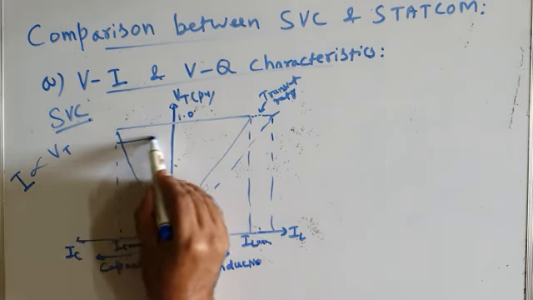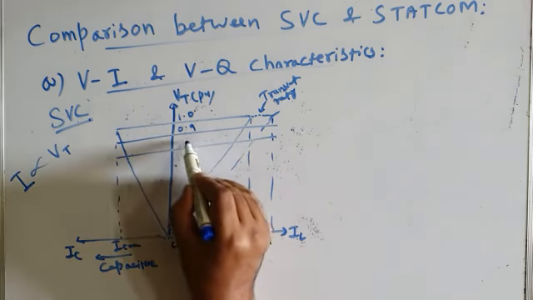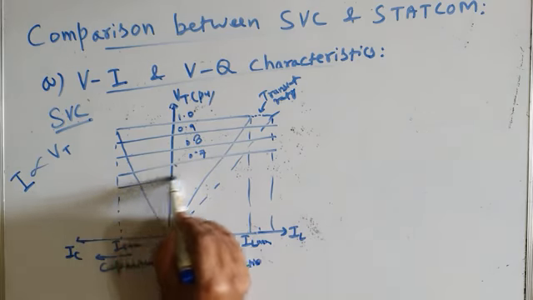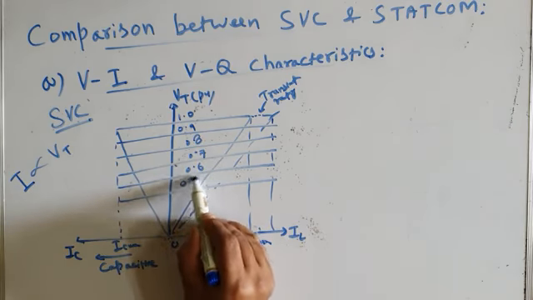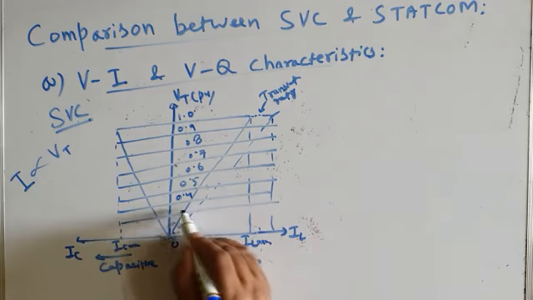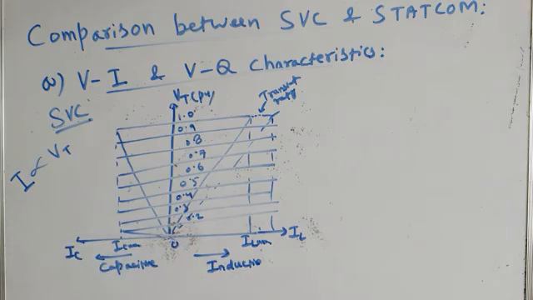This is 1 per unit, 0.9 per unit, 0.8 per unit, 0.7 per unit, 0.6 per unit, 0.5 per unit, 0.4 per unit, 0.3 per unit, and 0.2 per unit.